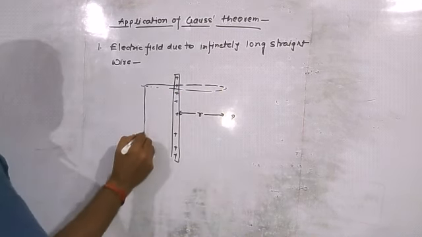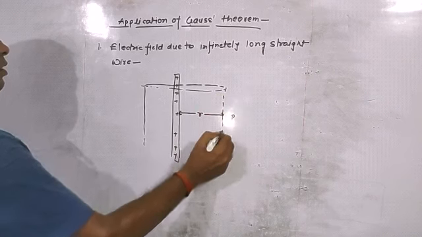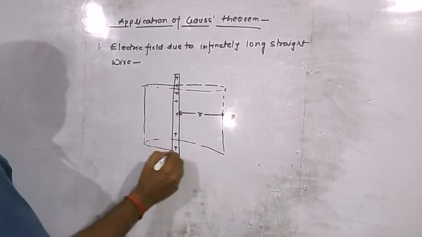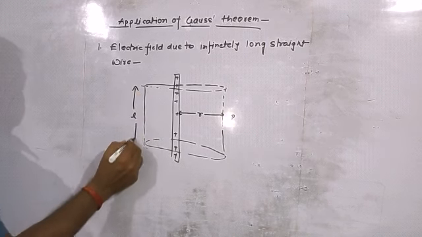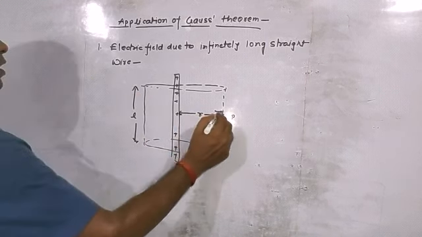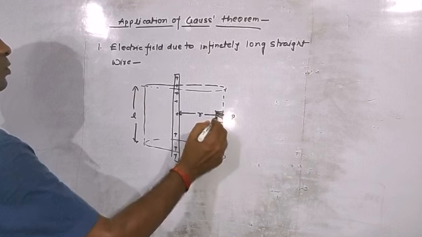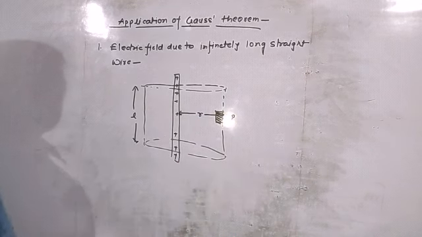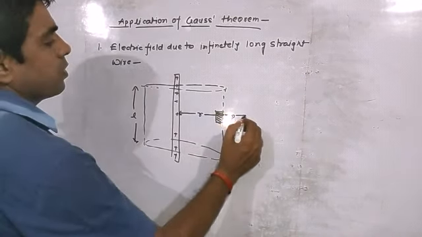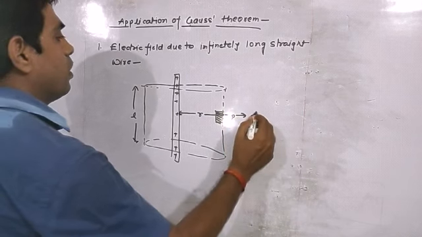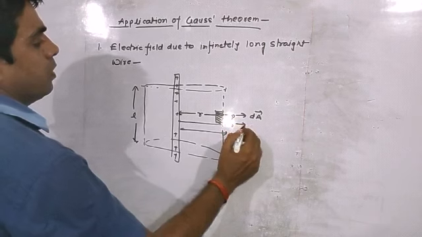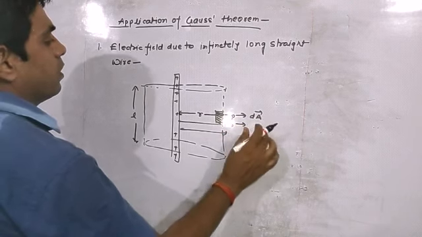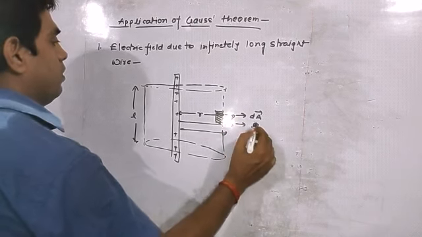So we are constructing a Gaussian cylinder of length L, and here we have to find the electric field intensity. So we will choose an arbitrary small surface area dA. The direction of this area vector will be normally outward, and the electric field line will also be in the same line as the area vector, that is E.